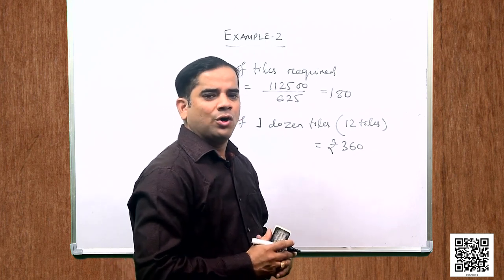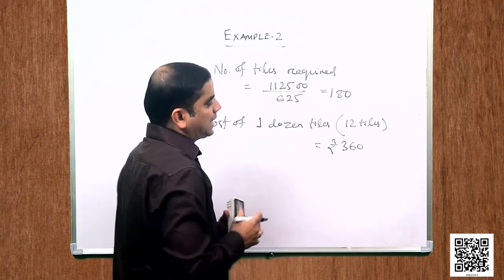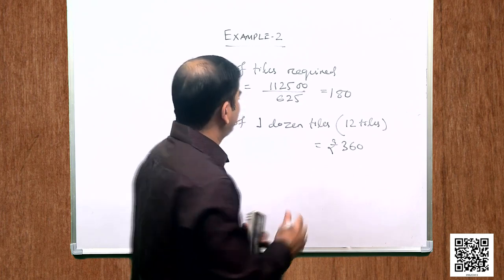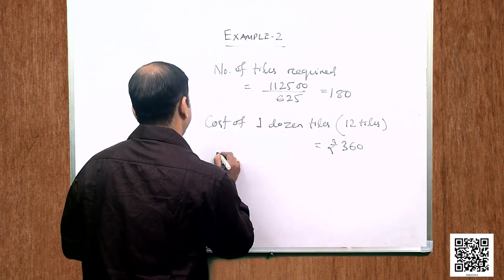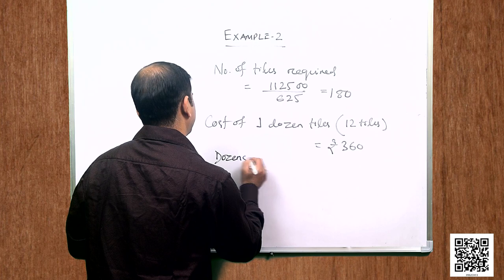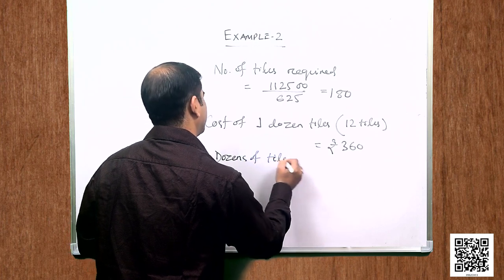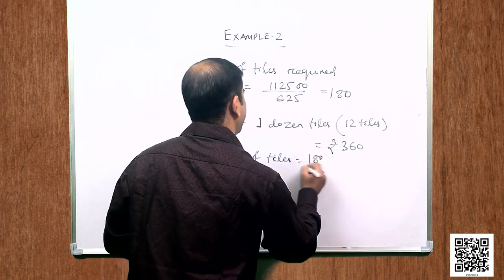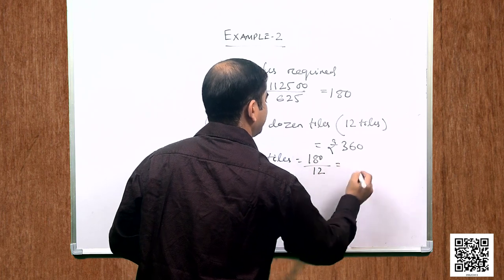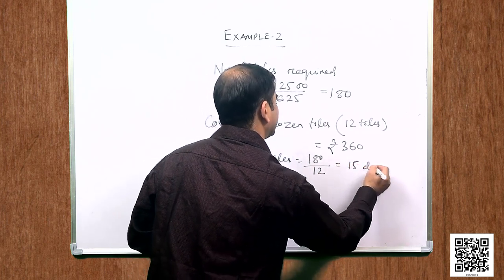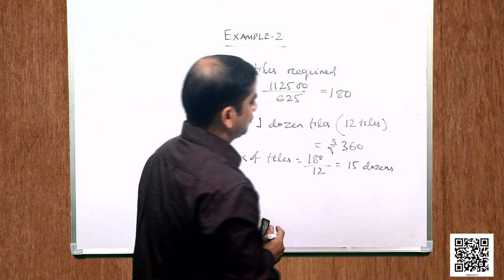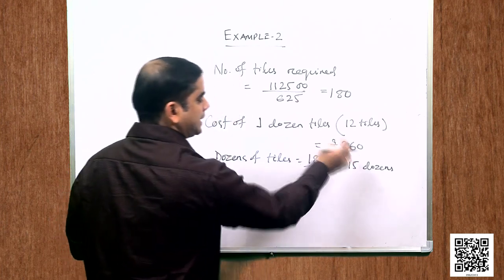So, how many dozens of tiles do we require? 180 divided by 12, 15 dozens. Cost of 1 dozen is equal to rupees 360.